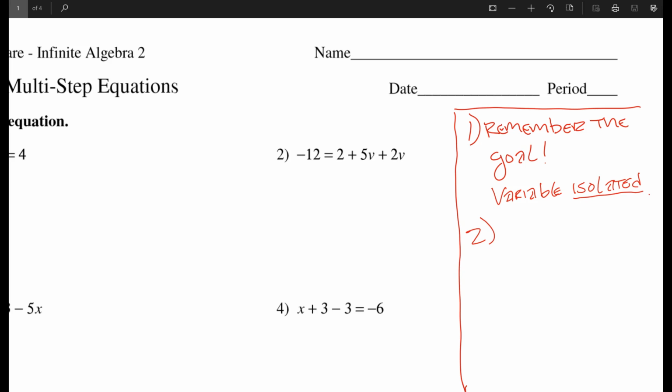So our first step is going to be distribute if needed. Distribute, and you're writing this down, if needed. So in any problem that has parentheses, we're going to distribute first.